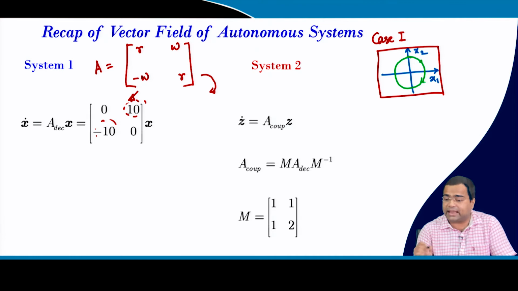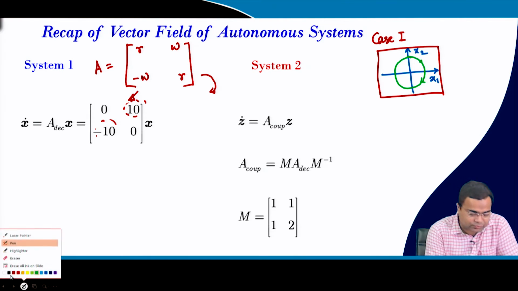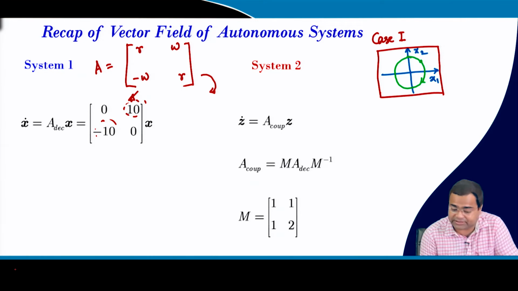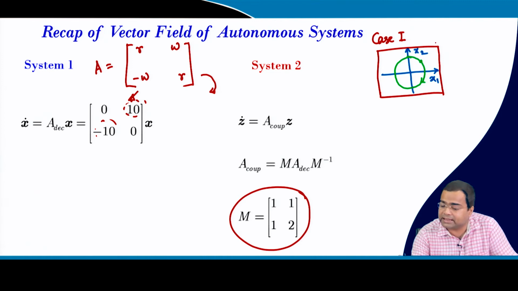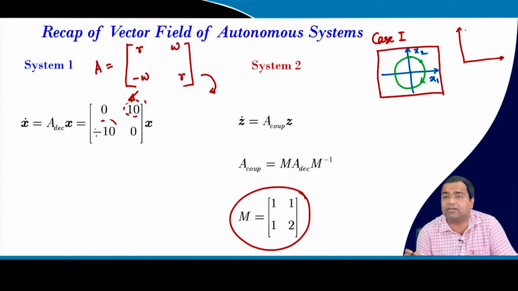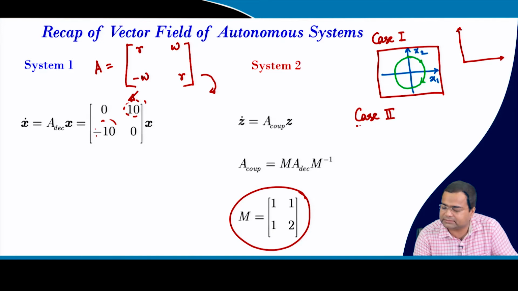Now, in case 2, if we multiply with this matrix M, it is a coupling matrix, where the basis vectors are along x1, x2. The case 2 we have also discussed, this image will look something different.